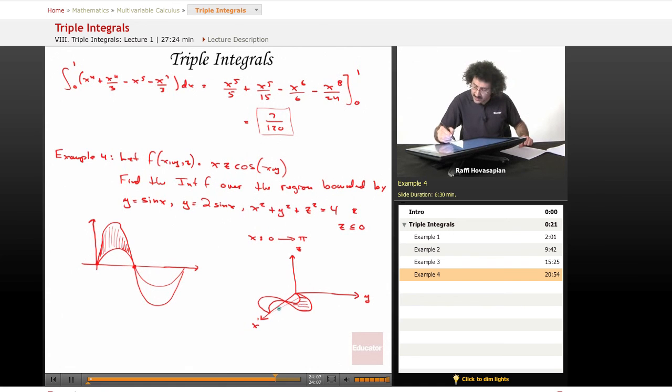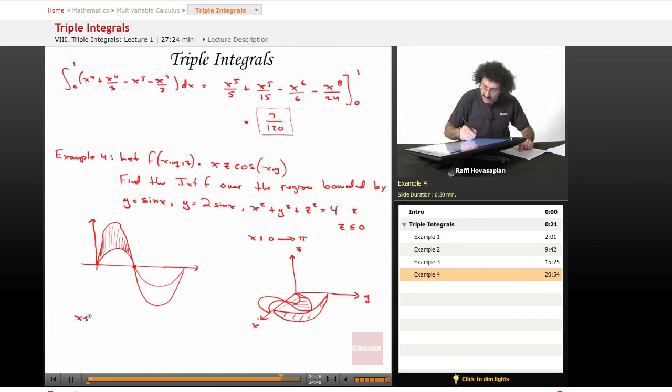And then of course we have everything below that, so we have the sphere. I'm not doing a very good job drawing it, but you know what's happening. It's basically this region, everything below the xy plane touching the sphere x squared plus y squared plus z squared equals 4.